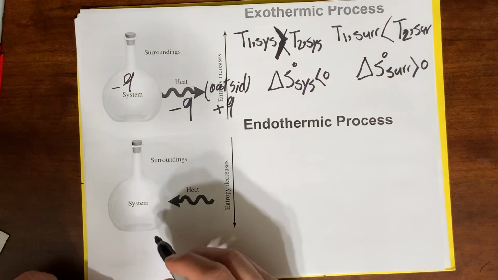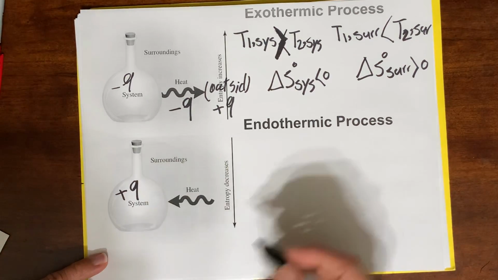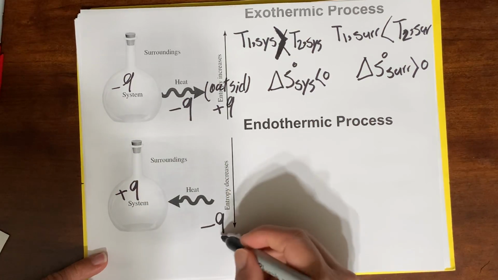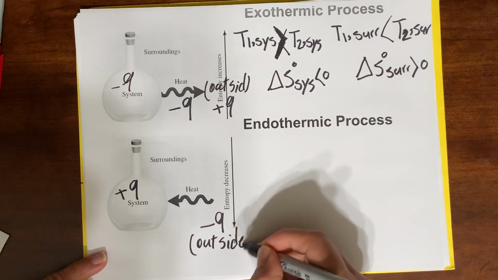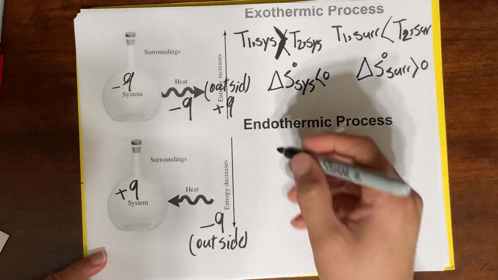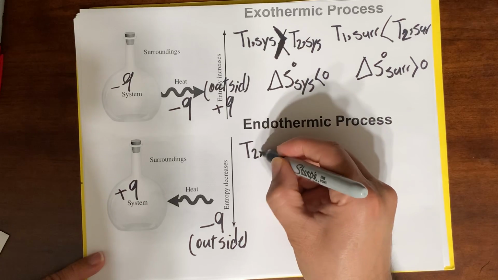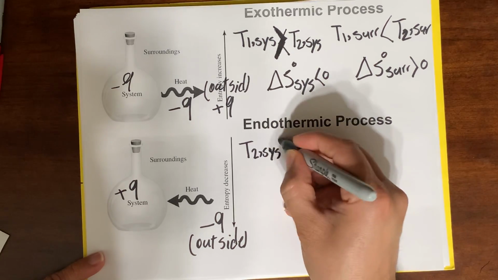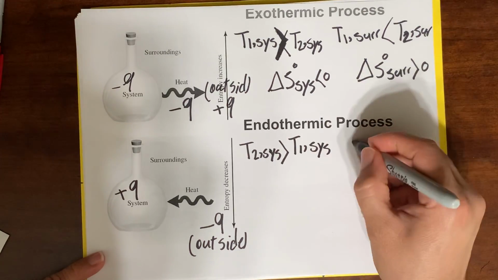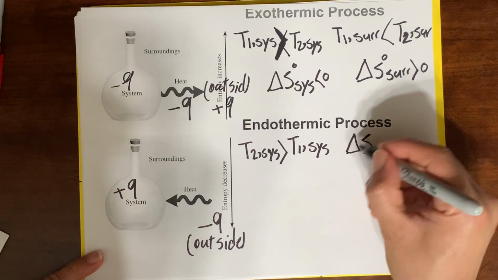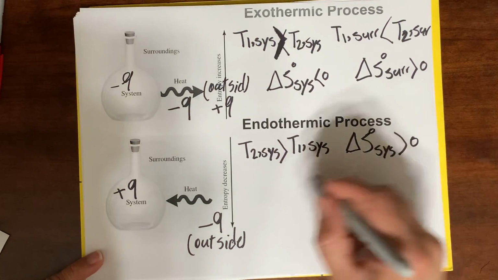Okay. In an endothermic process, the system is gaining heat. Outside is losing heat. This is outside. Outside is negative. So the final temperature of the system is higher than the initial temperature of the system. So our system is getting warmer. That means entropy will be a positive number.